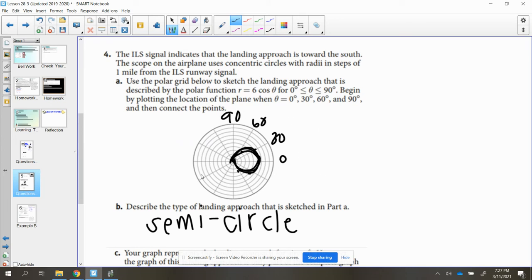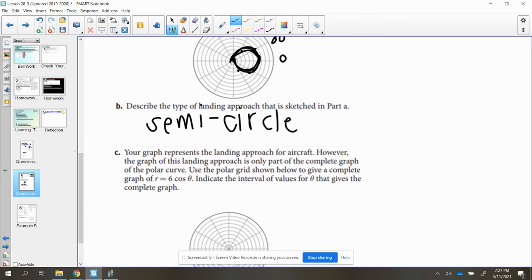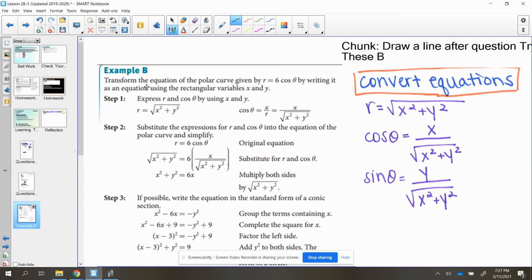So we're noticing this pattern between circles so far and this r cosine theta look. And instead of just relying on the graphing, we can start converting the polar equation into a rectangular equation so we can see what is going on between these two.